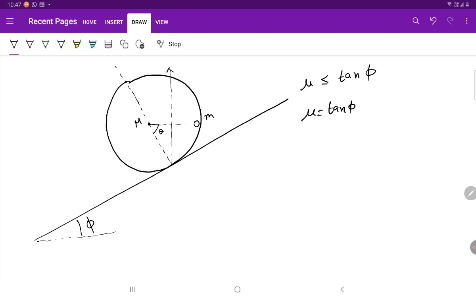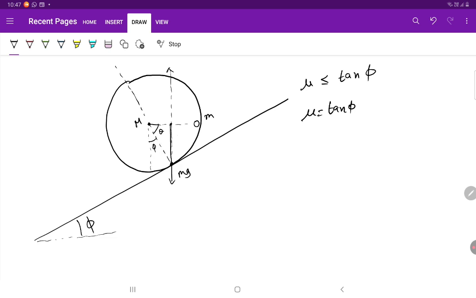So now, if here is the center of mass of the whole body, then the vertical force, that is the mg, will just coincide with the point of contact, and we know this angle is also phi.